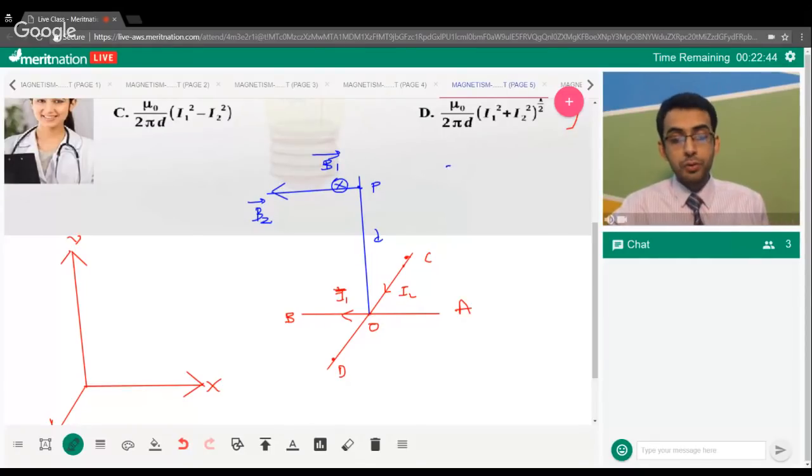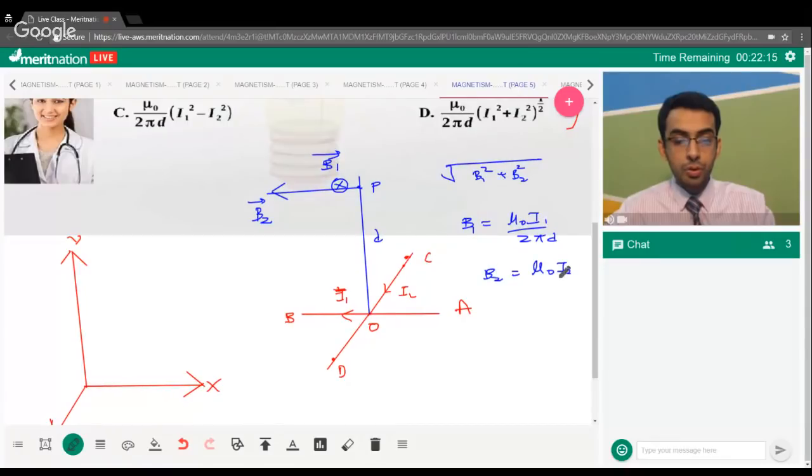So the total magnitude will be equal to the square root of B1 square plus B2 square, right? What is the value of B1? B1 is equal to mu naught I1 upon 2 pi d, and B2 is equal to mu naught I2 over 2 pi d.